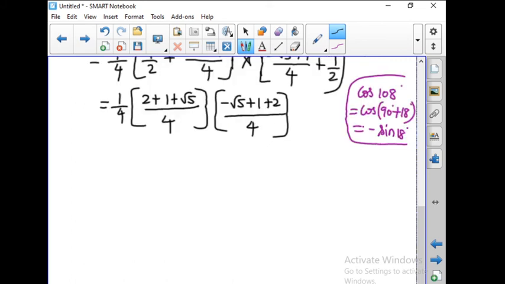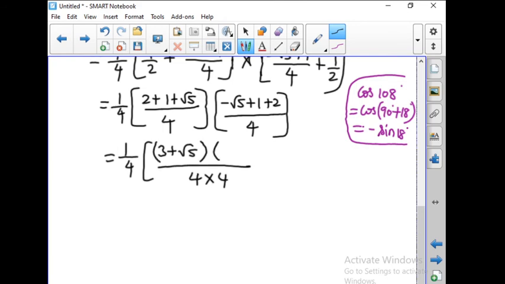So we are getting 1 by 4 into 2 plus 1 is 3, 3 plus root 5, both the denominators are the same, 4 into 4. So multiply this, here 3 minus root 5.